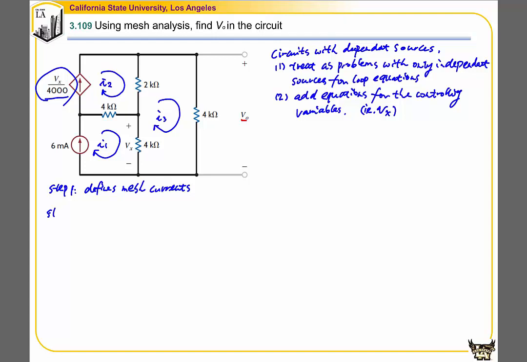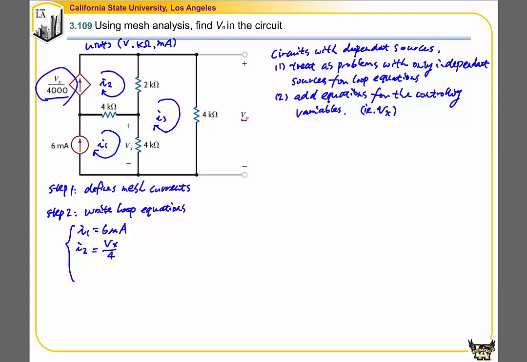The second step is to write loop equations. For the first loop, that's straightforward, giving I1 equal to 60 milliamp. For the second mesh, I2 is also given by this current source, with the value Vx over 4. We remember that we are using the units of volt, kilo ohm, and milliamp.